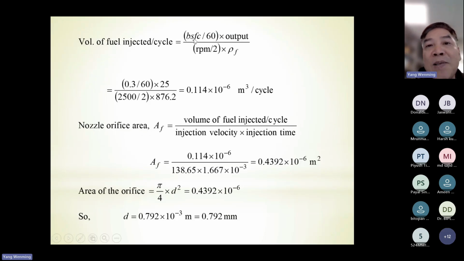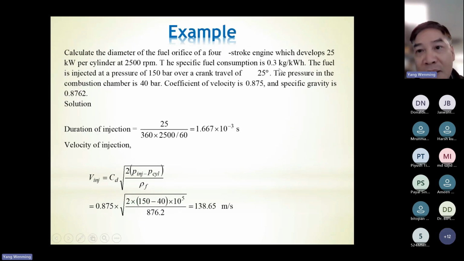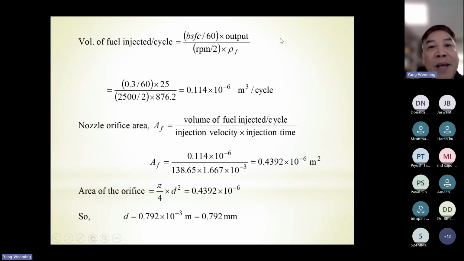Dividing by 60 gives the fuel consumption per minute.